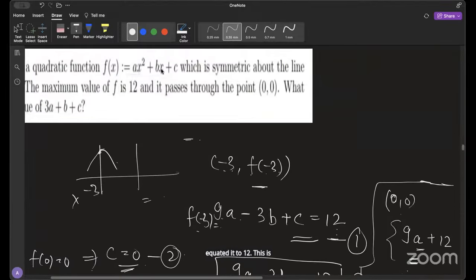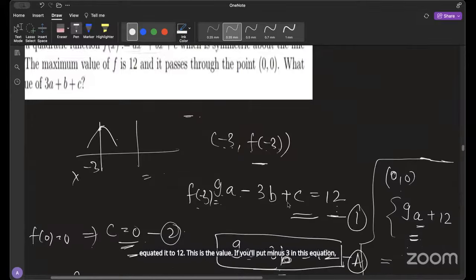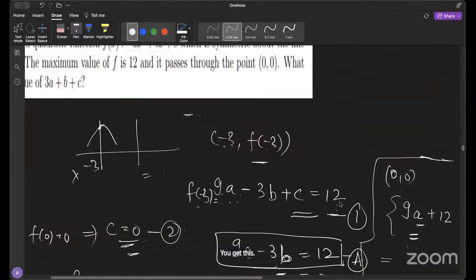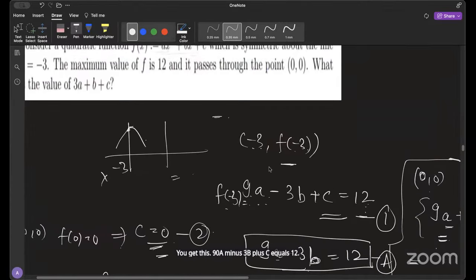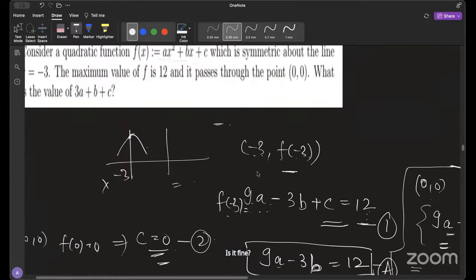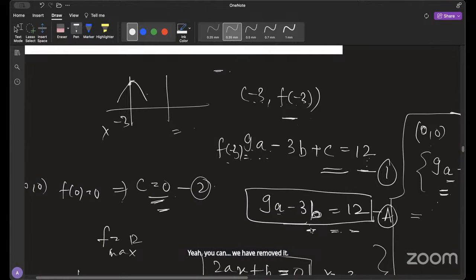If you put minus 3 in this equation, you get 9a minus 3b plus c equals 12. Is it fine? Yes, ma'am. So we can remove c because the function passes through the origin. We've removed it here.